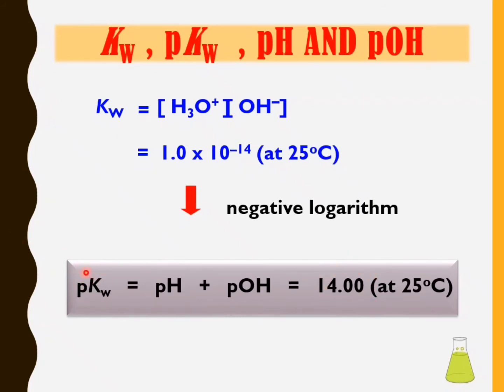Saya ulang, PKW sama dengan 14. So kalau awak negatif logkan nilai ni, awak akan dapat 14. Okay, so sebenarnya pH plus POH should equal to 14. So ni tolong ingat ni. Ni penting ni nanti dalam calculation. Okay, pH plus POH equal to 14.